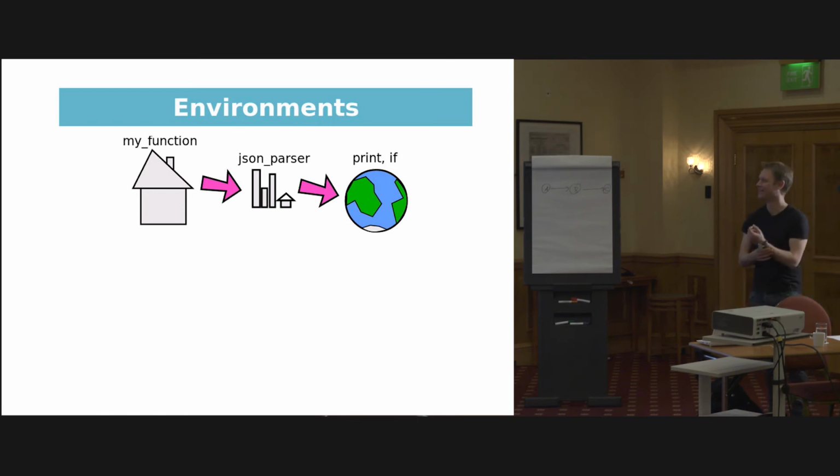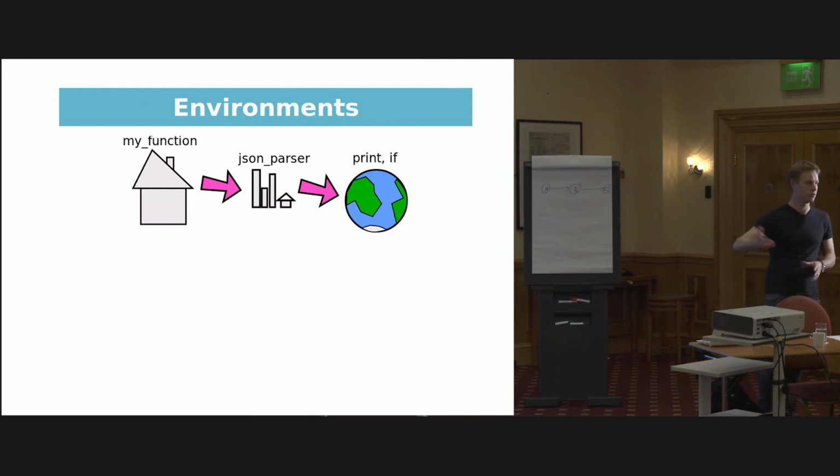Just felt right. So we'll just talk about environments before we talk about evaluation. You can think of an environment as the place where you are. So when you are in your house, you can see the things in your house. So if you're in a particular bit of source code in a particular function, you can see the stuff that's defined in there.